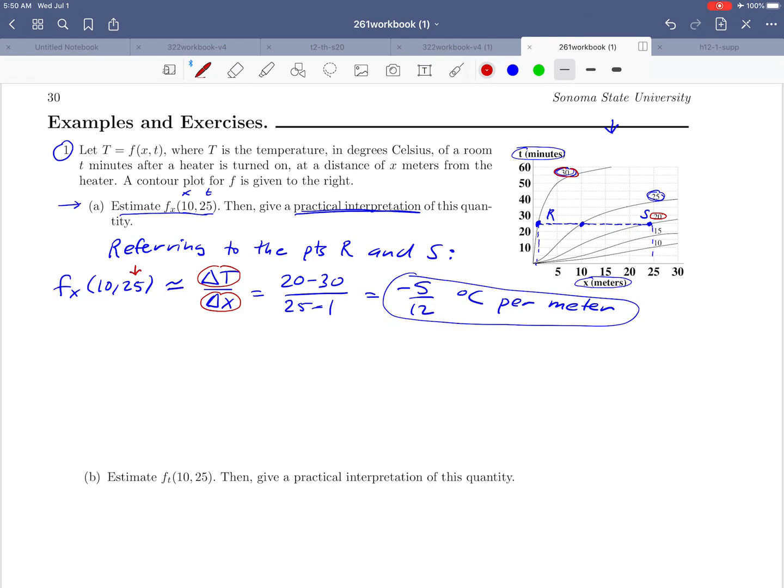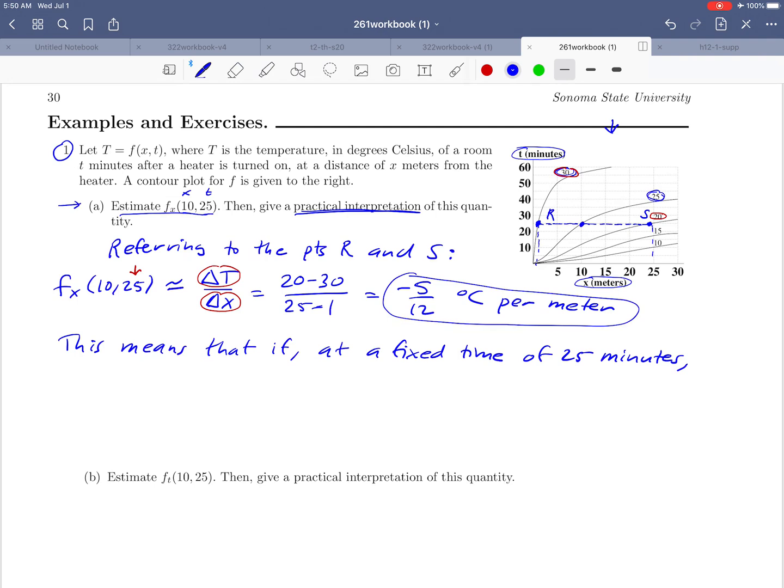That doesn't change, only x is changing. Okay, so I'm going to start my explanation like this. So this means... had a fixed time of 25 minutes.